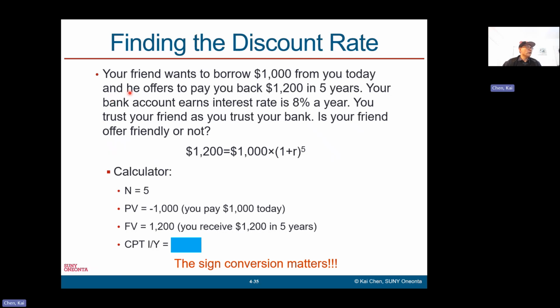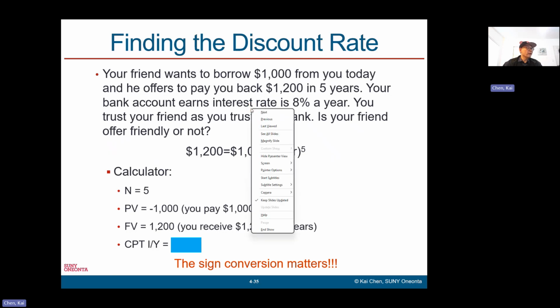Your friend wants to borrow $1,000 from you today, and he offers to pay you back $1,200 in 5 years. Your bank account earns an interest rate. Okay, there is a typo.